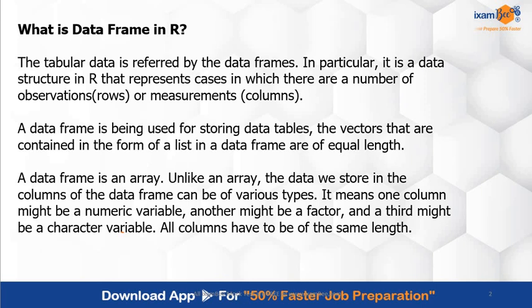It means that one column might have numeric, another might have some other data type, and another might have character or string. So here all the columns have to be of the same length. That is the restriction that we have here. This restriction is put on data frames, that the columns have to be of the same length, but you can still have heterogeneous data in your data frames.